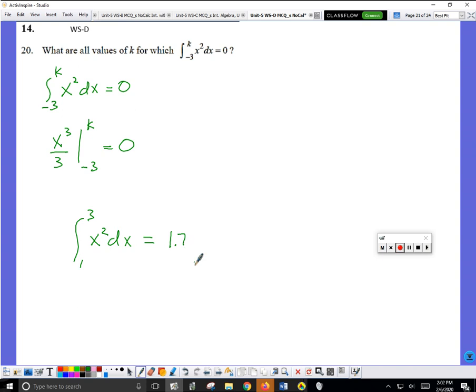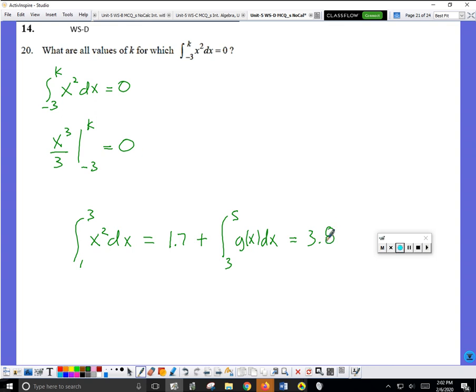And then they wrote plus the integral from 3 to 5 of g of x. This isn't exactly what they did, but kind of. And they picked up their calculator, found this integral, added it to 1.7, and got 3.8. That's illegal.